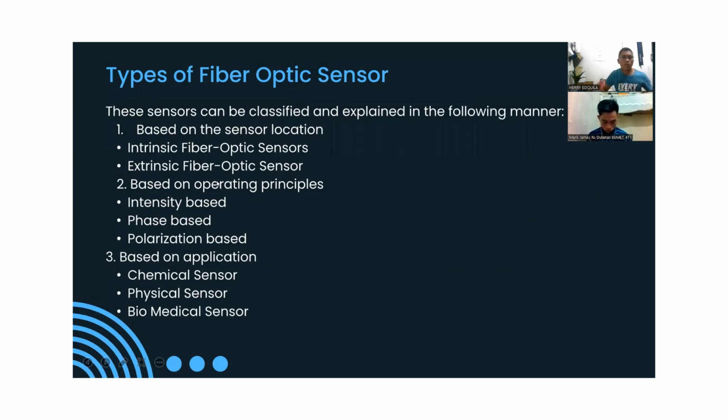Based on sensor location, you have two types: intrinsic fiber optic sensors and extrinsic fiber optic sensors. Based on operating principles, they are classified into three: intensity based, phase based, and polarization based. And lastly, based on application: chemical sensor, physical sensor, and biomedical sensor.